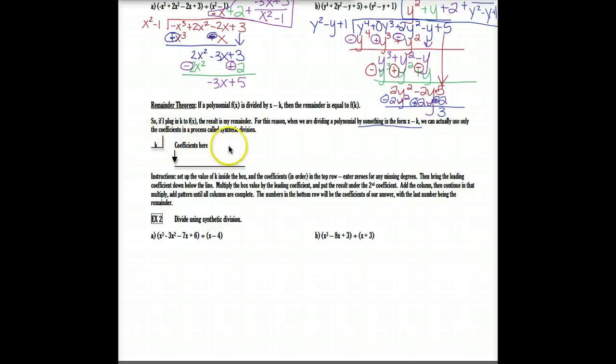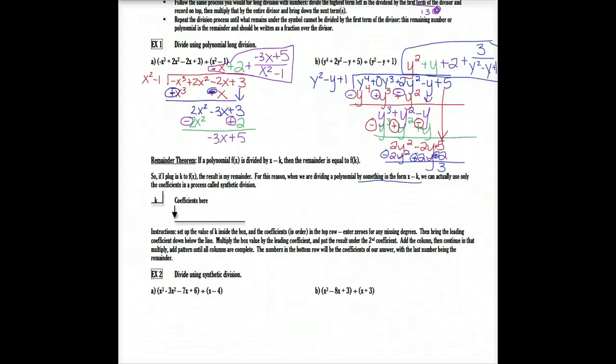It says coefficients here. You take the coefficients of the thing you are dividing. So you are taking the coefficients of the dividend. So here, I've got x cubed minus 3x squared minus 7x plus 6.